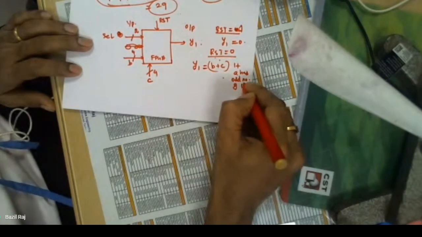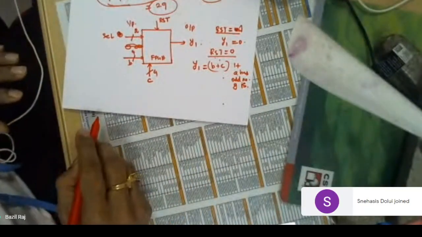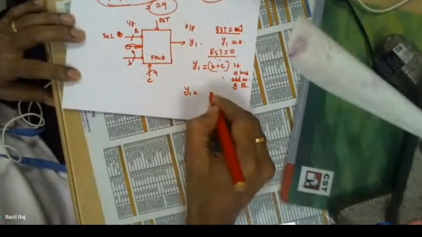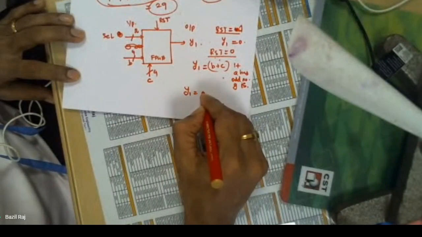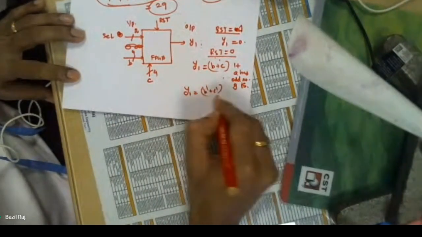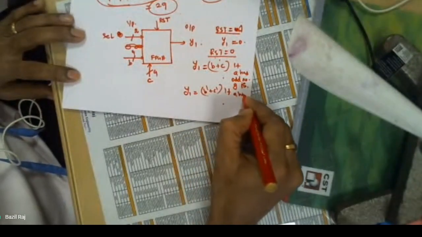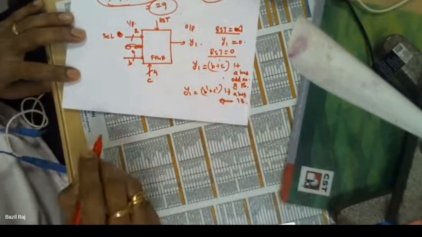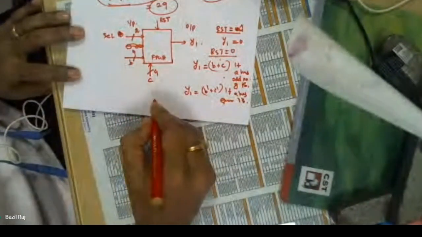Odd number of ones. If A has an odd number of ones, Y1 is equal to B plus C. Otherwise, Y1 is equal to B dash plus C dash, if A has an even number of ones.